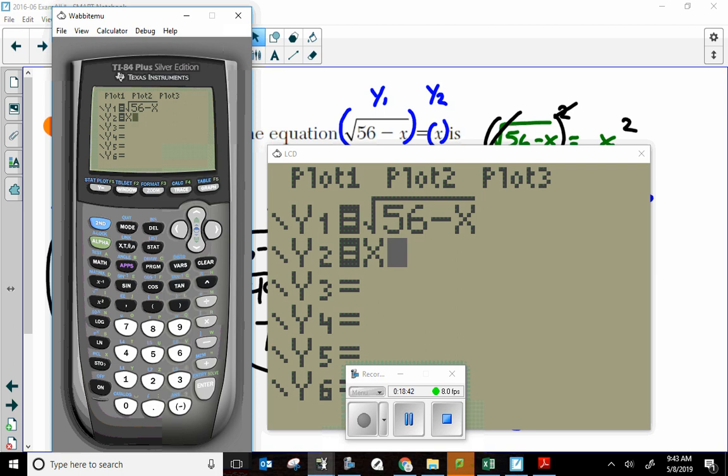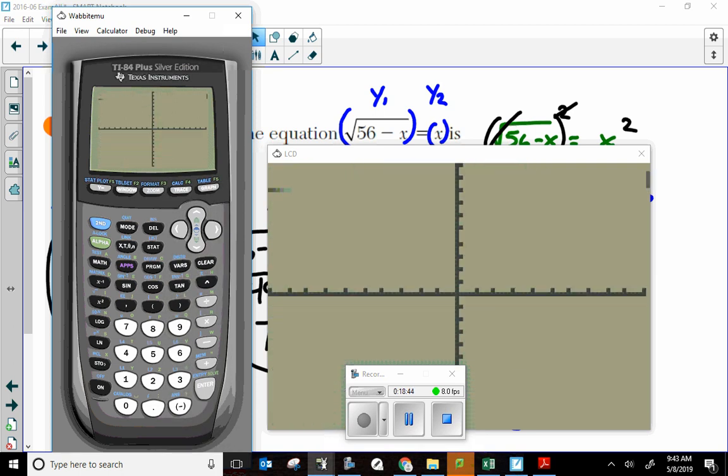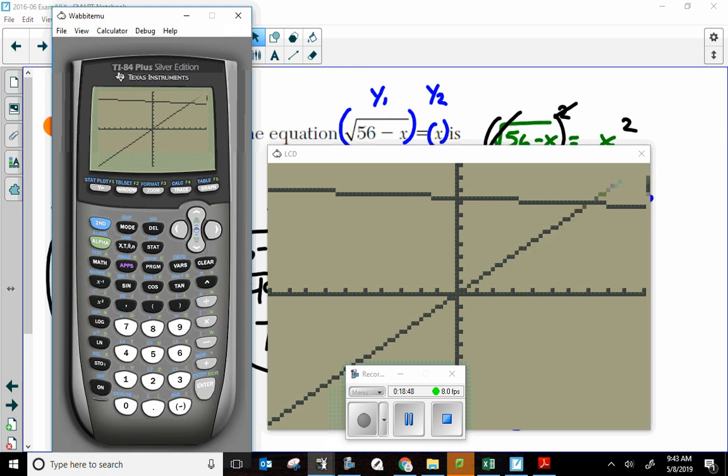Now, I'm going to make sure I have a standard 6x6 window. I'm going to graph this here. There is the square root of 56. There is x. It only crosses once. This will keep on going down, and this will just continue to go straight up, so they won't intersect again.